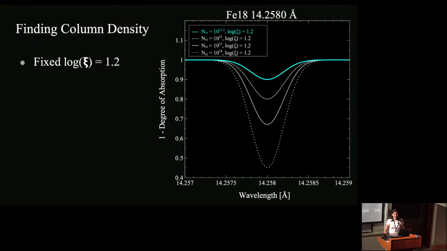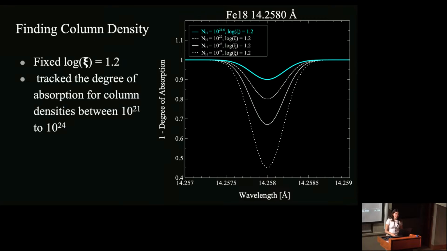The very first thing that we did, we fixed that photoionization parameter to be 1.2. Then we tracked the degree of absorption for column densities between 10 to the 21 and 10 to the 24. Those are typical values for AGN.